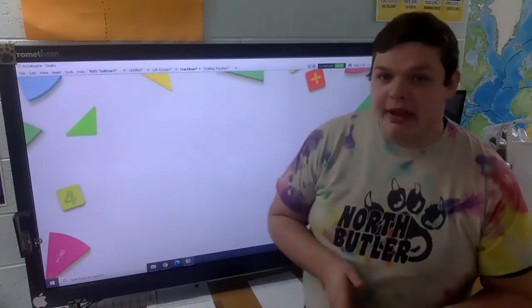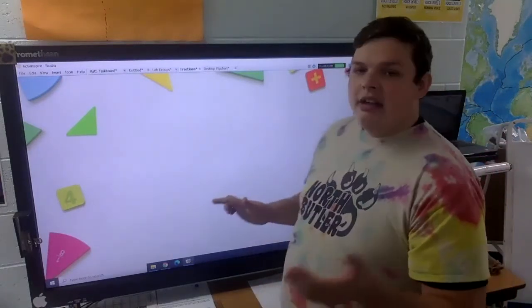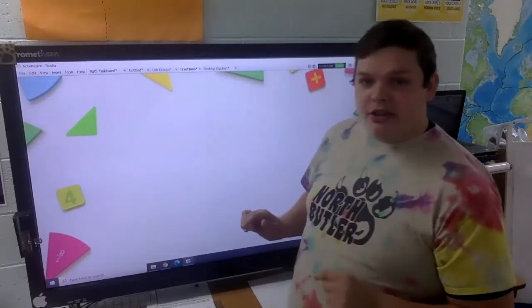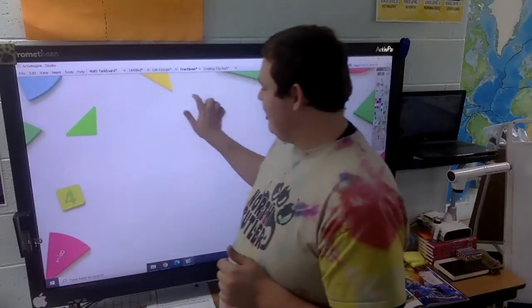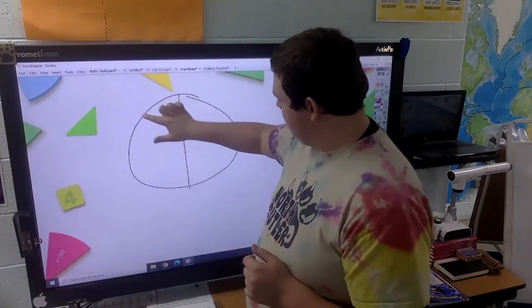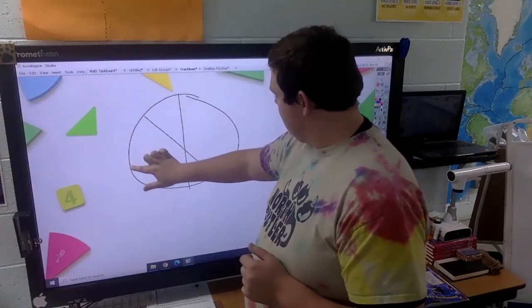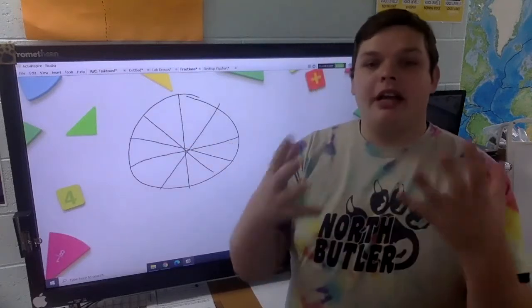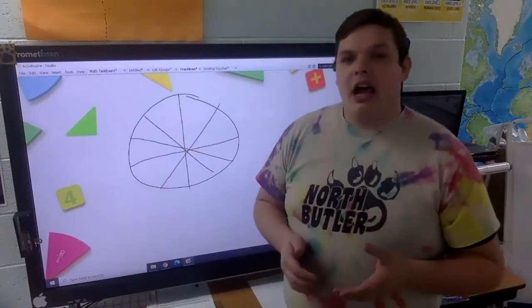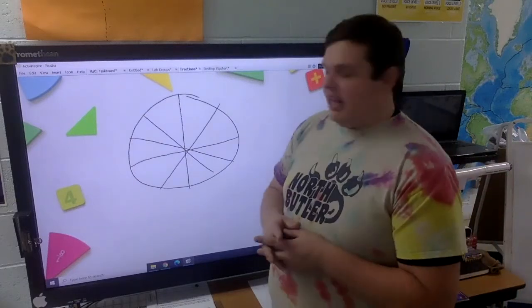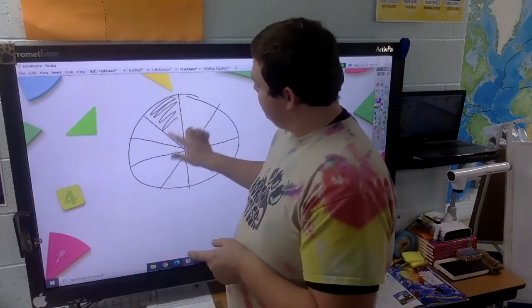On your math book pages today, you're going to see some things cut into 10 pieces. So I'm going to do my best to draw a circle cut into 10 pieces. Now, I know that that is not exact, but that's not what we're looking for here for math. So let's fill in 3 of these pieces.